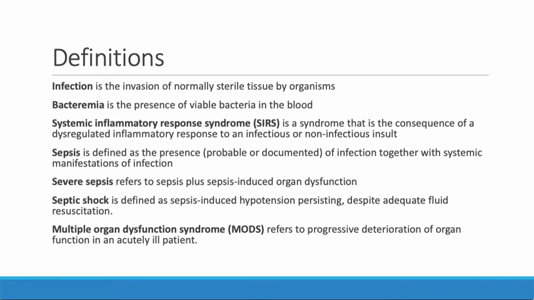Now, we're going to focus on septic shock because it's probably the least intuitive of the shocks. If you have cardiogenic shock, that makes sense. The heart's not working. I got to fix the heart. If you have hypovolemic shock, there's not enough fluid. I got to fix the fluid volume, right? Those make sense intuitively.